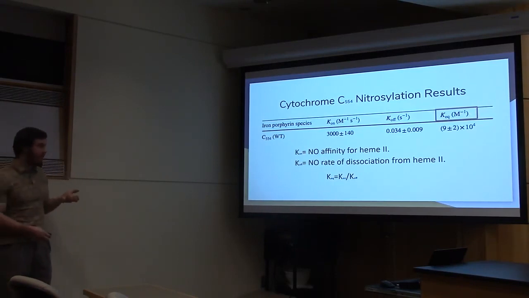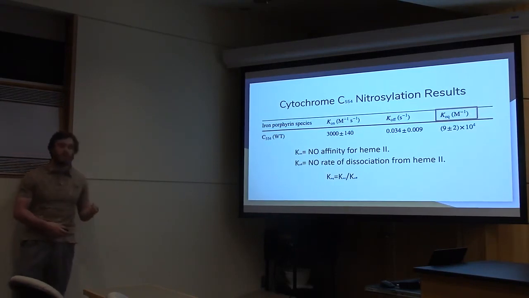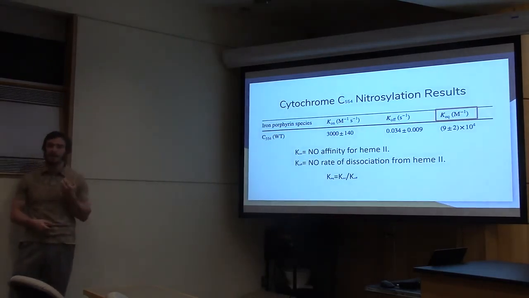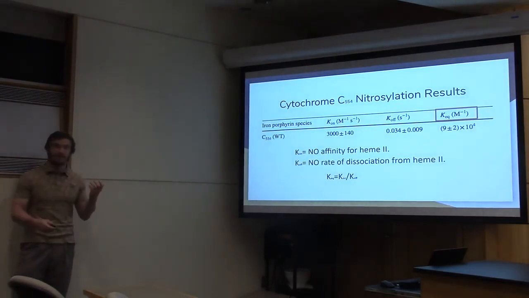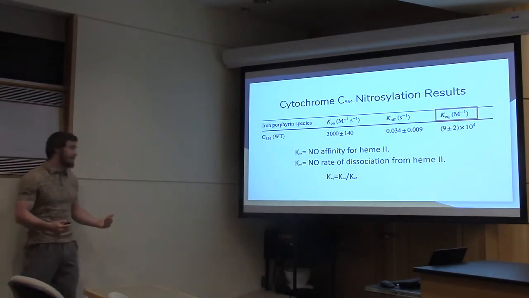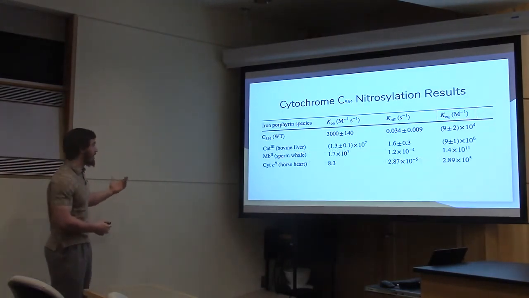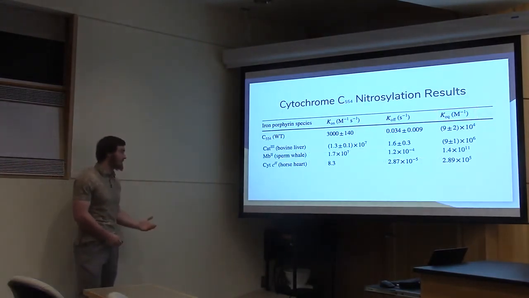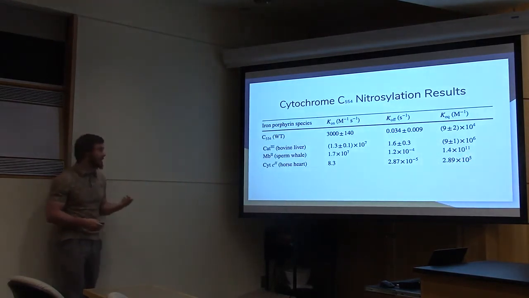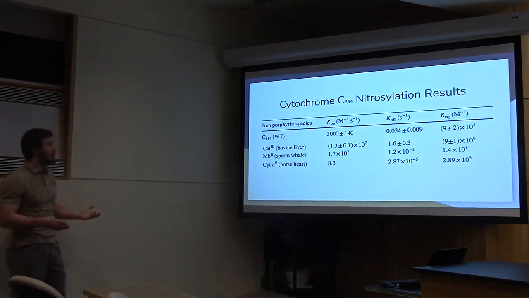This is the number that we want to compare with other hemes that bind nitric oxide to see if we're doing relatively well or not with its binding. Looking at other hemes found in other organisms, if we compare the values, all of these are at least 1 order of magnitude larger, and so we have a lot of room for improvement on this.